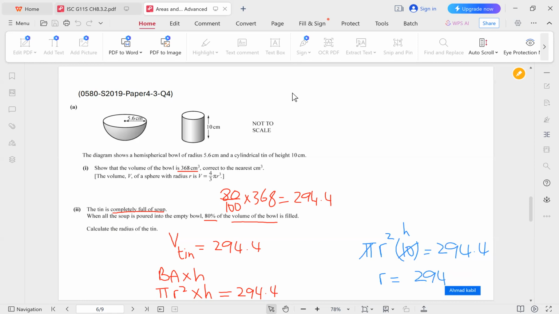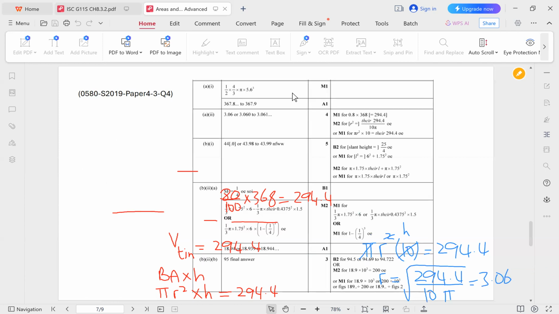So 294.4 divided by 10 pi. And then to get rid of the power 2, we take a square root like this. So square root and then fraction, and then 294.4 in the numerator, and then 10 times pi in the denominator. You get 3.06 for r.